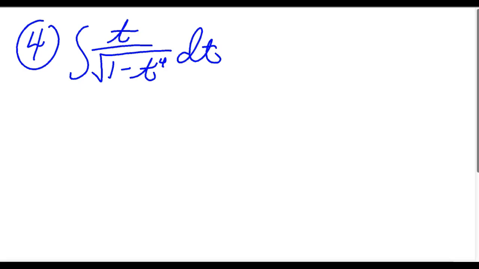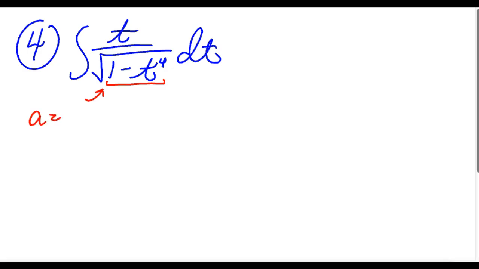This one looks, again, first of all, look at the format. Will u sub work? Not a chance, because if I chose u, it'd be this denominator, and I get a negative 4t cubed. U sub fails. But then I notice, hey, this looks kind of arcsine-y. It's got that root, it's got that subtraction. Let's see how that would play itself out. All right, what is being squared?